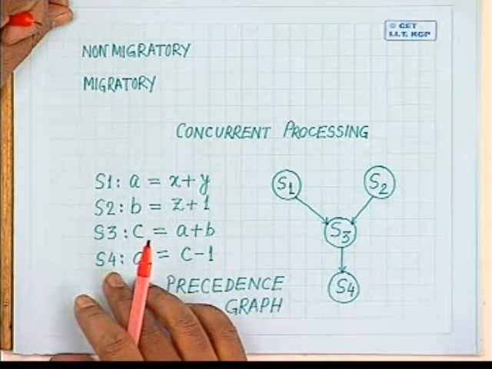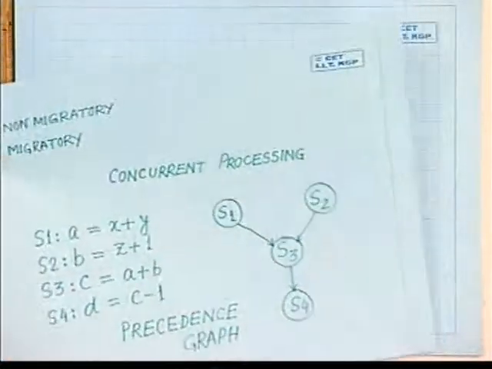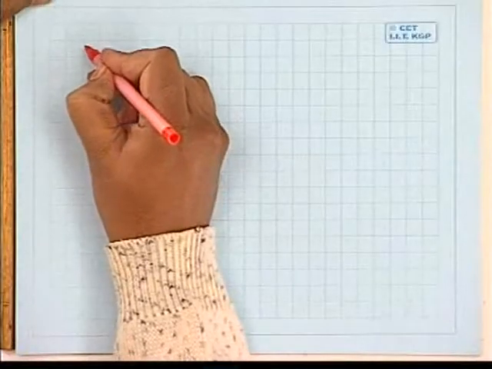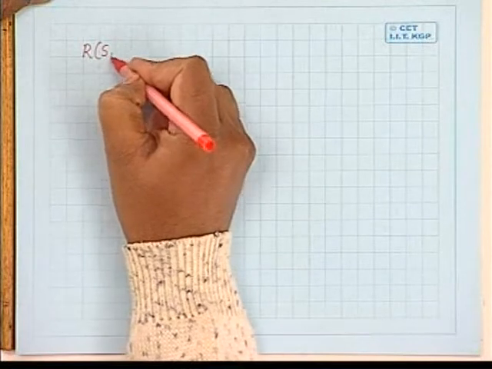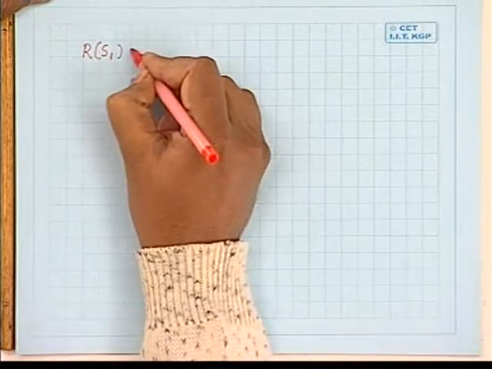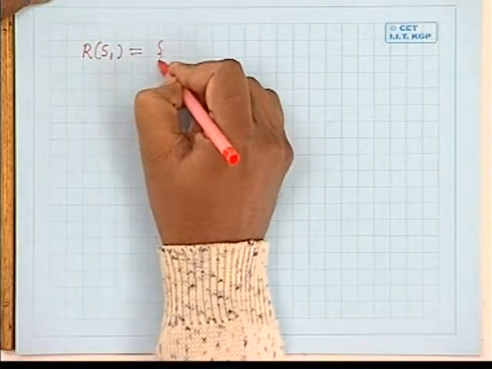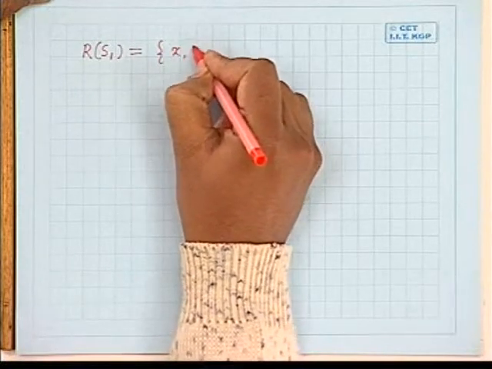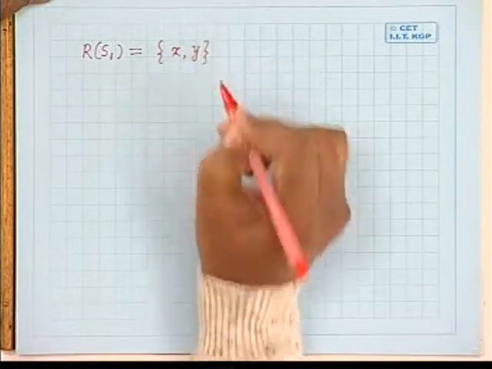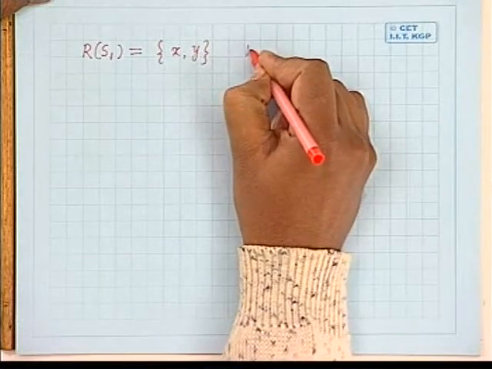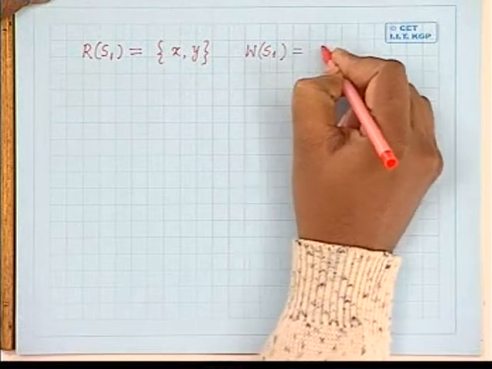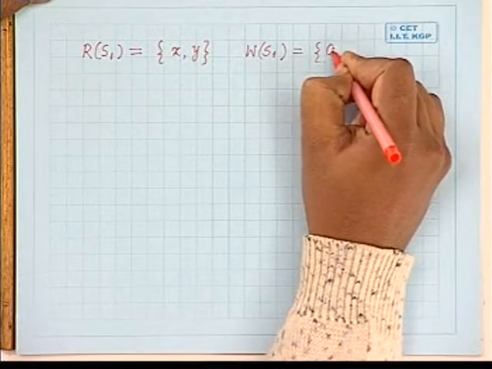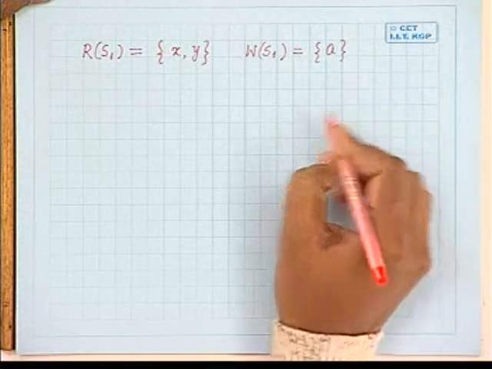Okay. So accordingly, we can have the read set and write sets of these variables as read set of S1 is X, Y, okay, whereas write set of S1 is the variable A, right?